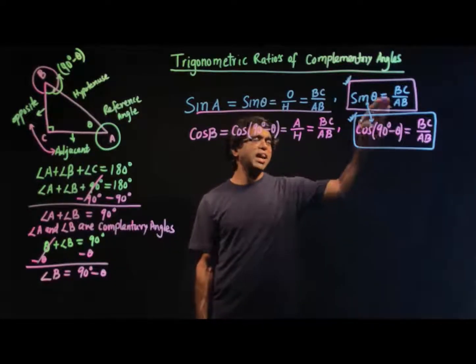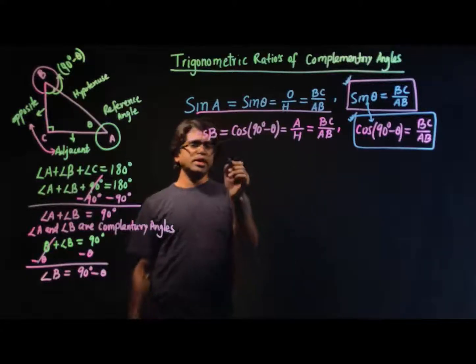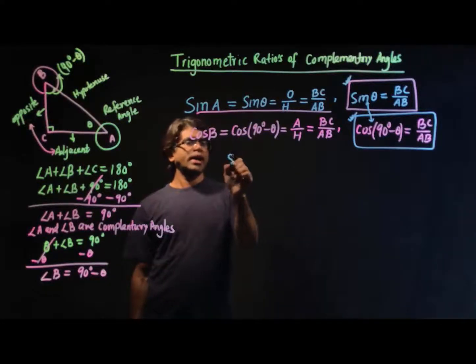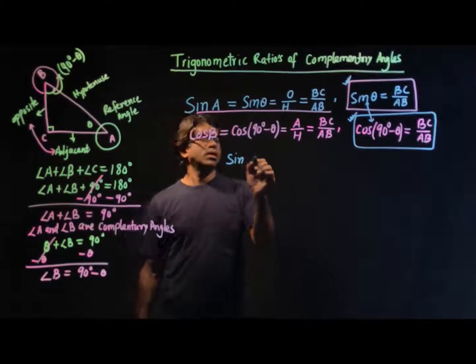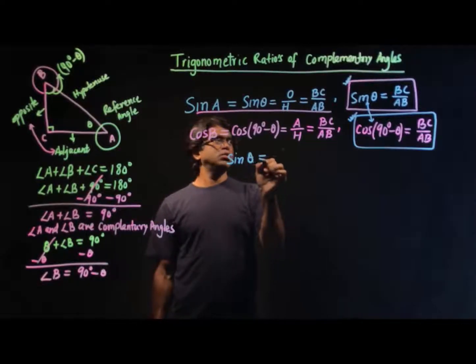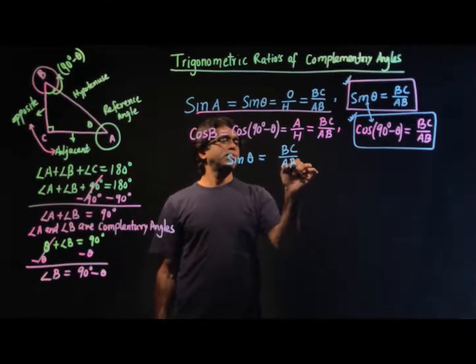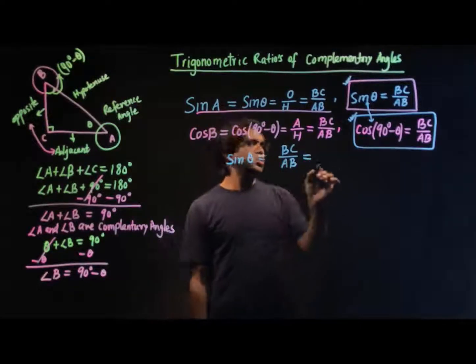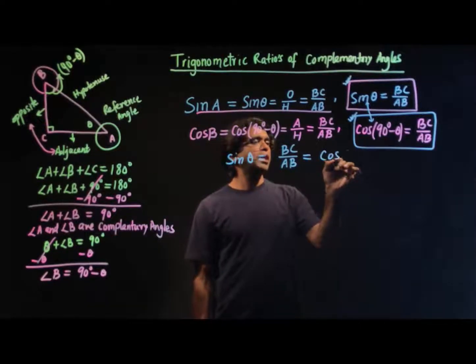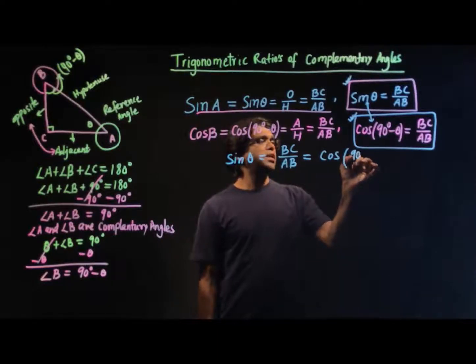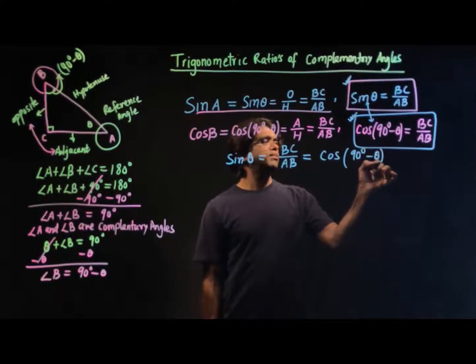So since the right side is equal, I'm going to write it down as sine theta is equal to BC over AB, and that is equal to cosine 90 degrees minus theta.